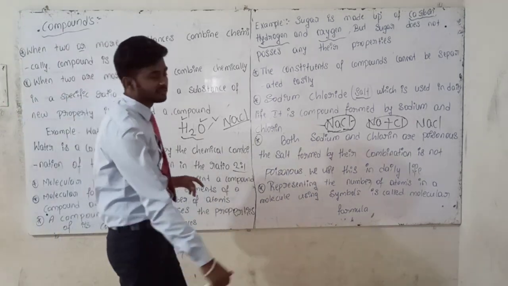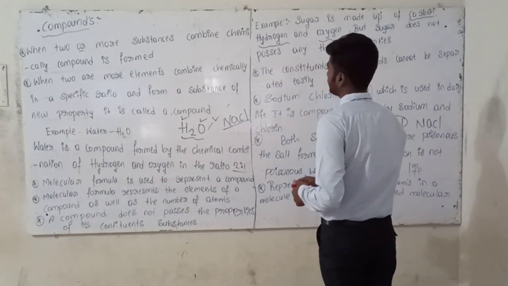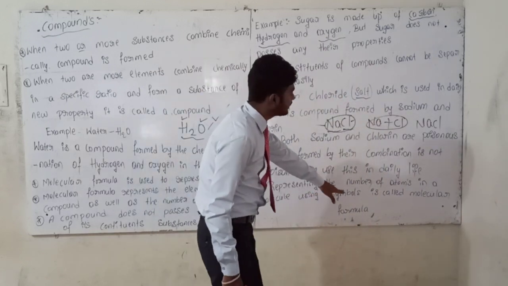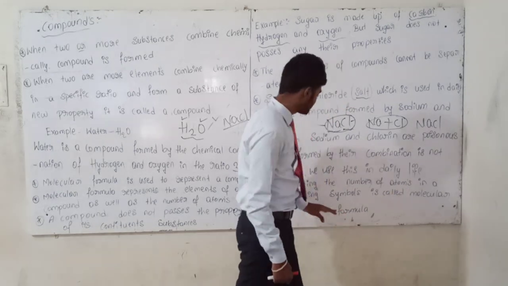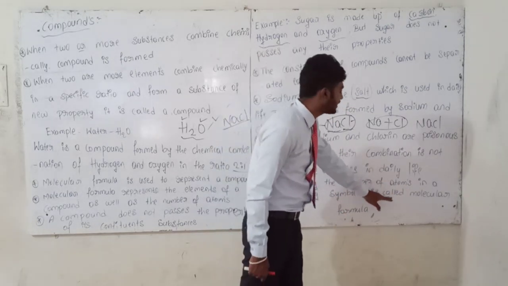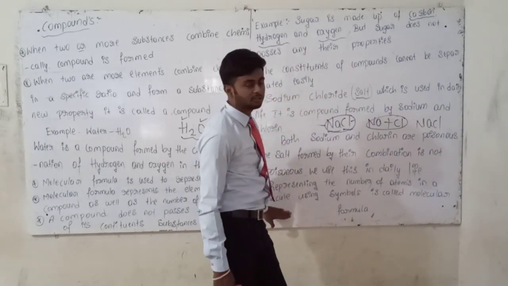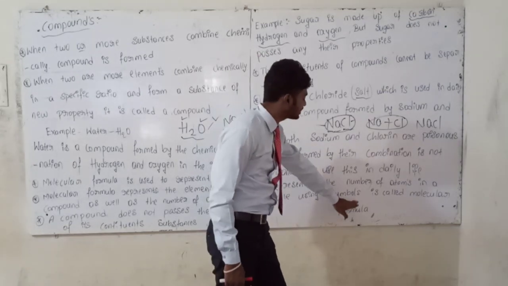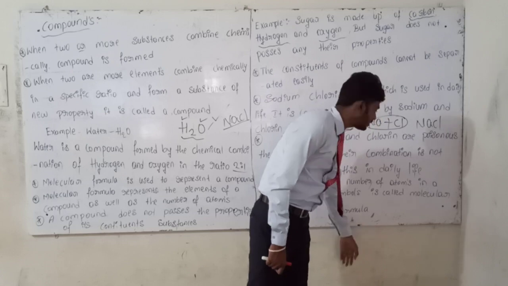Okay, all of you understand about this one? The last point: representing the numbers of atoms in a molecule using symbols is called molecular formula.